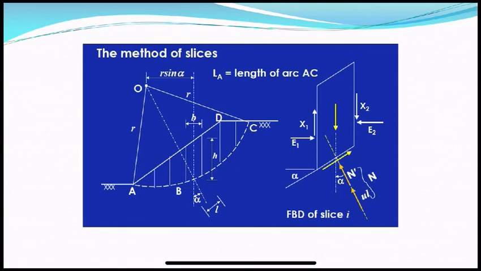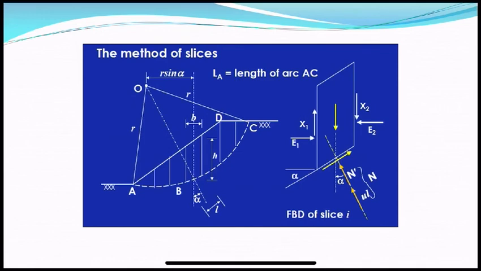This N dash minus U L gives the normal force, and the angle subtended from this N dash directly to the center of rotation is called alpha.